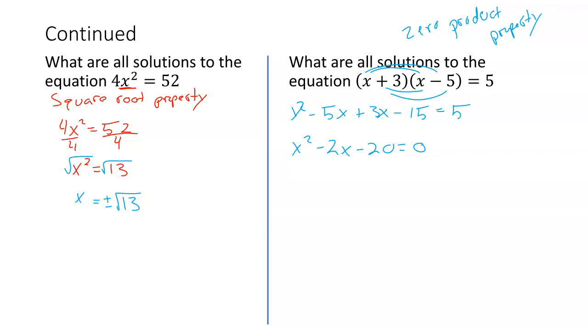Which one do you want to use, guys? Yeah, this one actually can't be factored, so quadratic formula is going to be our use. If we try to see if we want to factor it, what multiplies to give me negative 20 that adds to give me negative 2? There's nothing. My factors are 4 and 5 or 2 and 10, and there's no way to get to negative 2 by adding those. So we'll use our quadratic formula.